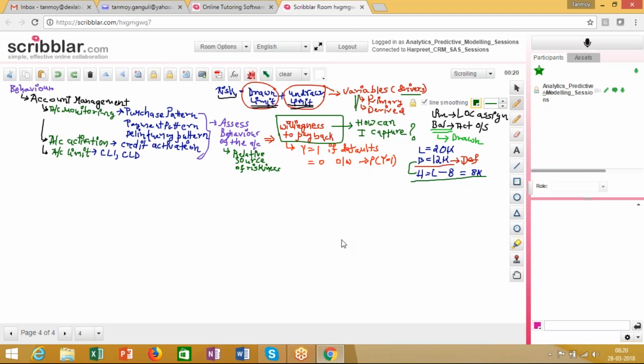Now, the next part is, what are these variables? What is a variable, be it in a behavior scorecard model or anything like this? Variables are nothing but the drivers of the risk. They are risk drivers.